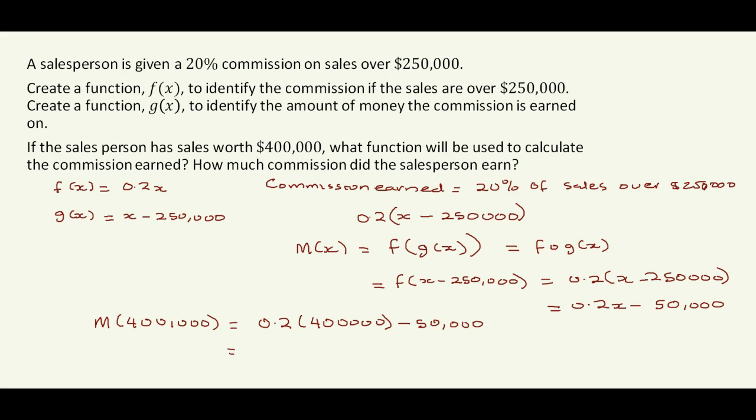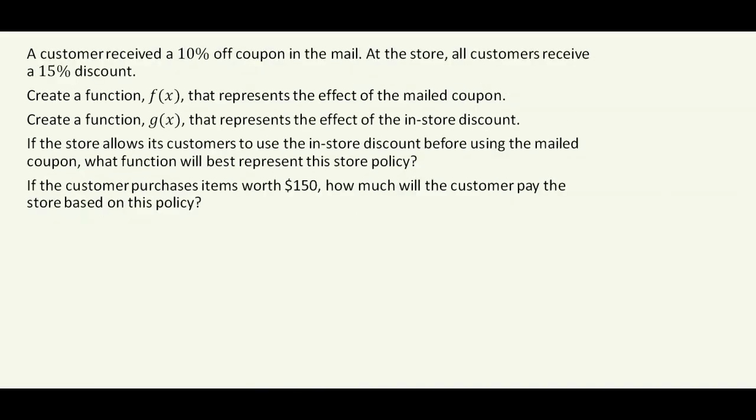So 0.2 times 400,000, that should give you 80,000. Then we subtract 50,000, and now we're left with 30,000 as the salesperson's commission.